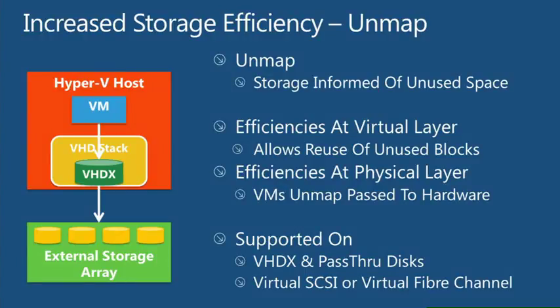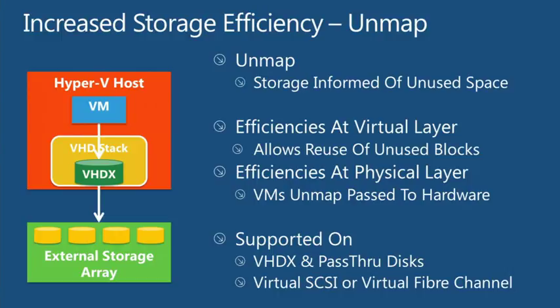And there's a good reason for it: the state information that needs to be persisted when a particular block is communicated as free is available only in VHDX, because this format has been designed from the ground up. We couldn't retrofit that into VHDs. We've also made a decision that it makes sense only for the virtual SCSI or the virtual Fibre Channel adapters.